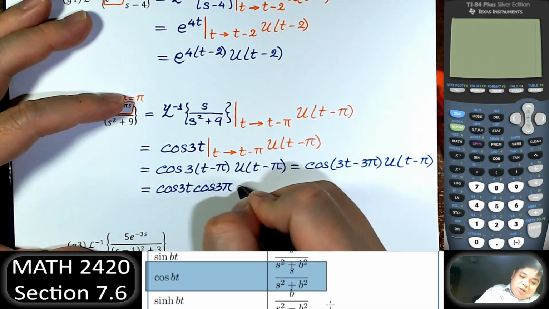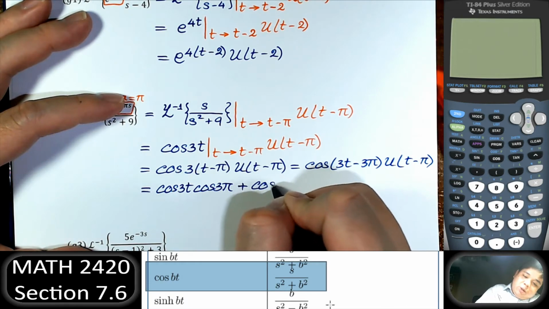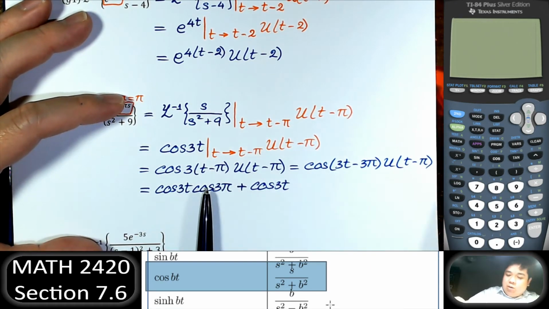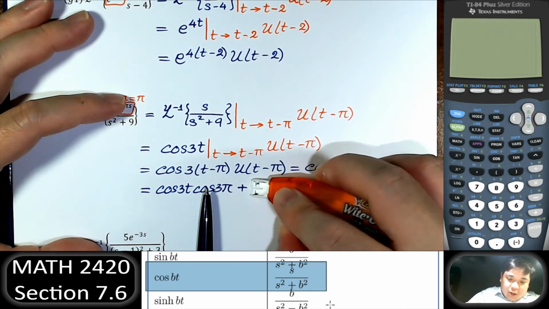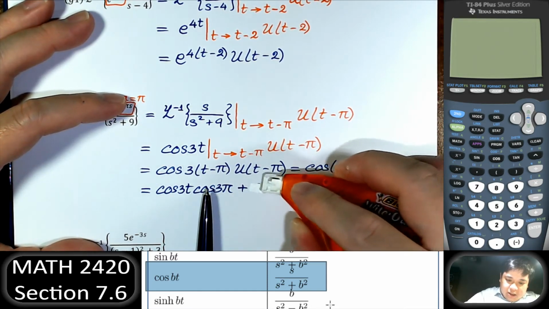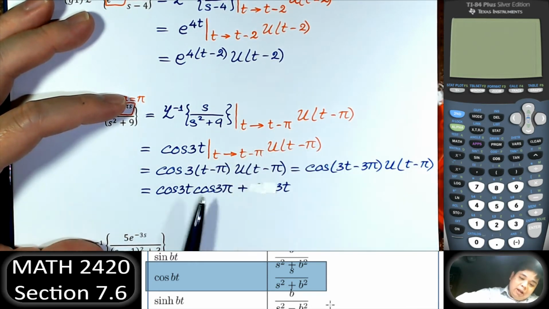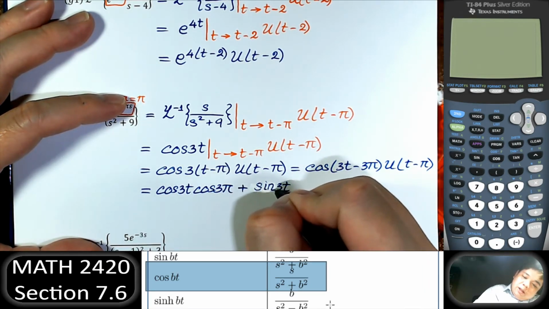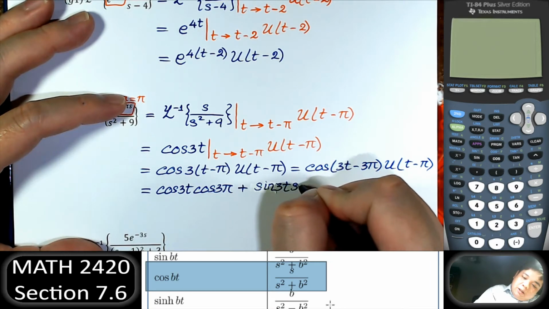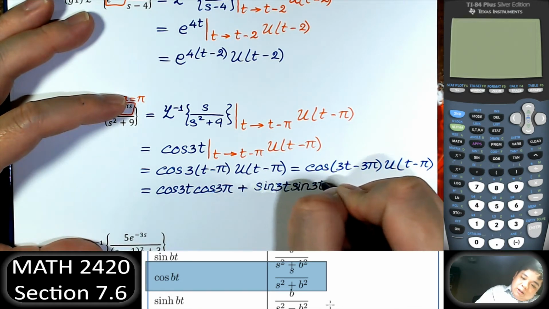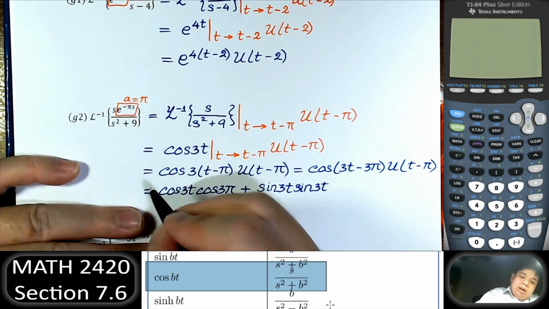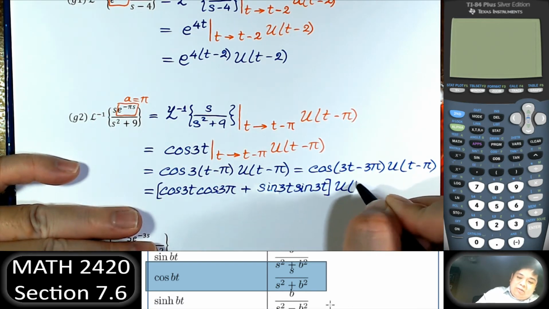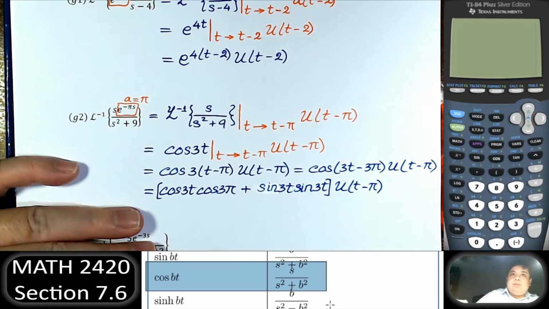If it is subtracted, that will be a plus. Cosine 3t, that will be sine 3t, sorry. Cosine plus sine. Both of them are still multiplied by the unit step function u t minus pi.